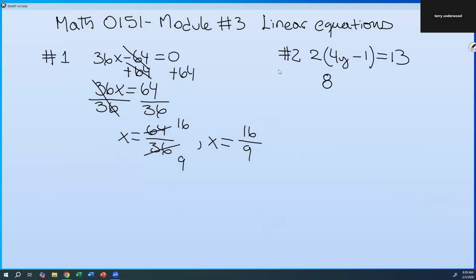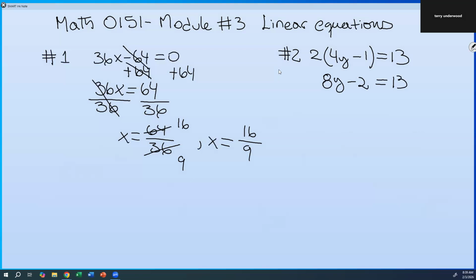Remember, when we multiply monomials or polynomials, we multiply only the numerical part, and we carry on the variable. And then positive 2 times negative 1, a positive times a negative is a negative, will be negative 2, and then that is equal to 13.